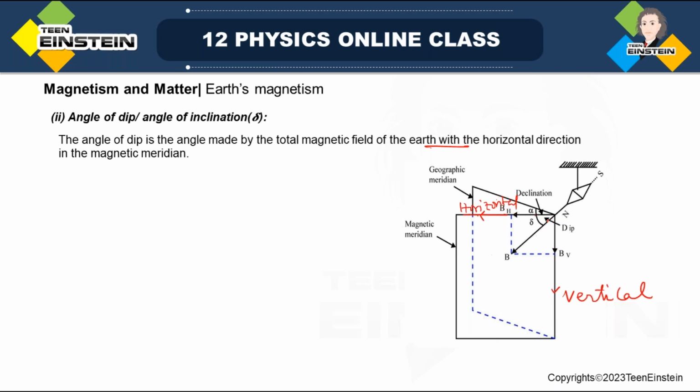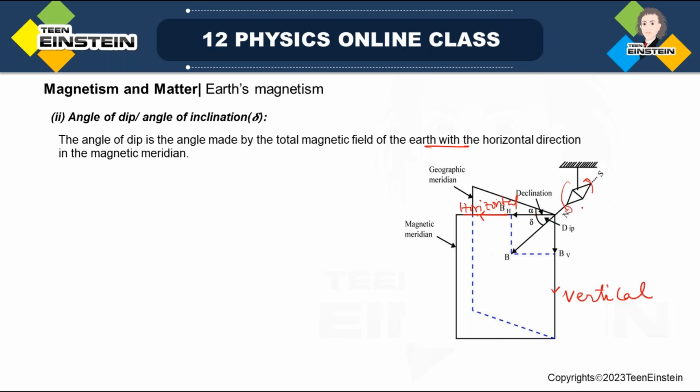So how to determine the angle of inclination? See this figure. To determine the magnetic inclination at different places, what you have to do is fix the compass needle in such a way that it can rotate in the vertical plane.